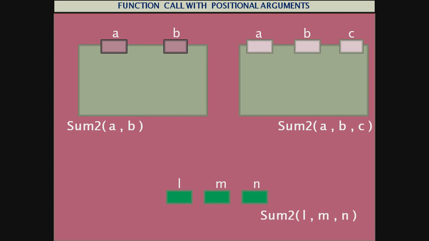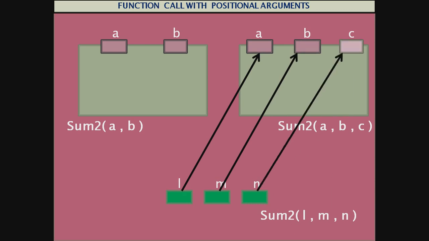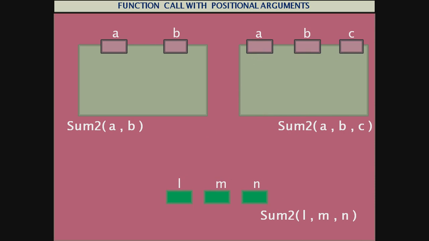Similarly, now we'll talk of sum3 with L comma M comma N. So L gives the value to A, M gives the value to B, and N gives the value to C. Now this function sum3 a comma b comma c works for us. So this is how we give values to the parameter in the parameter list using positional arguments.